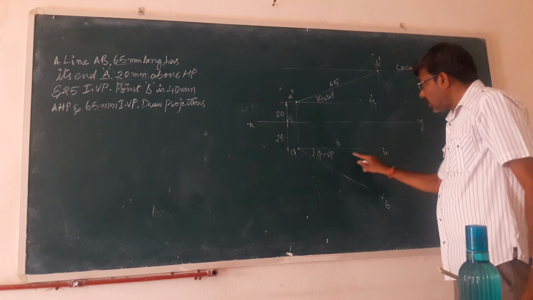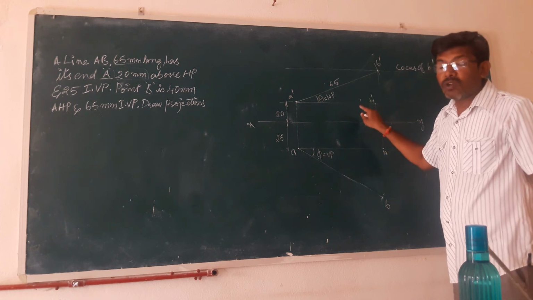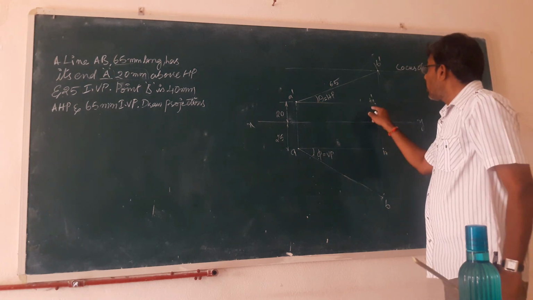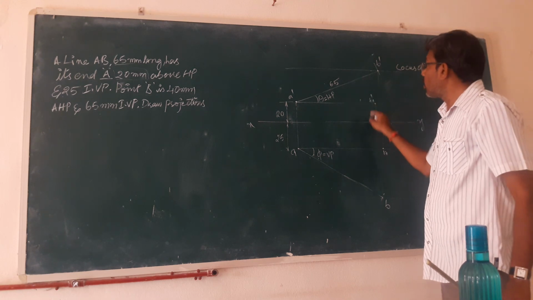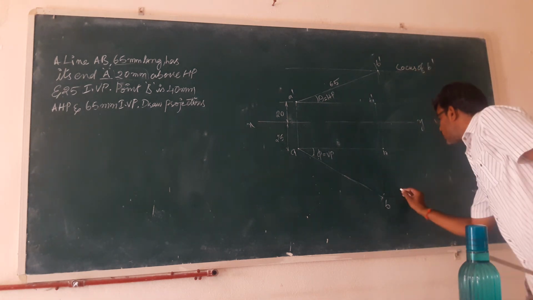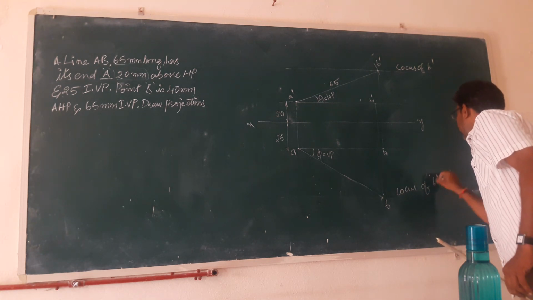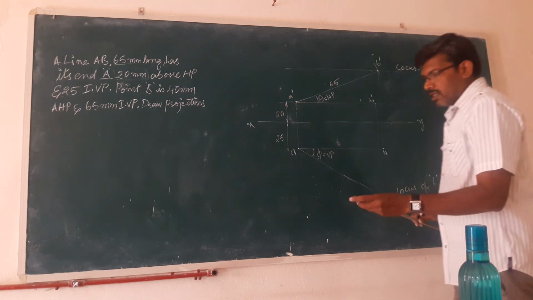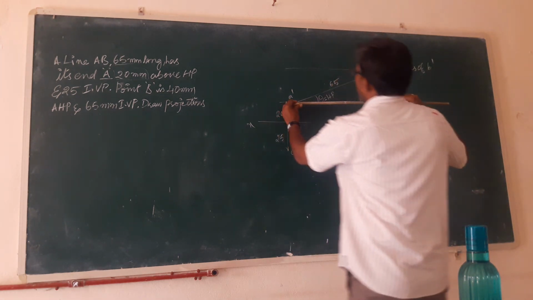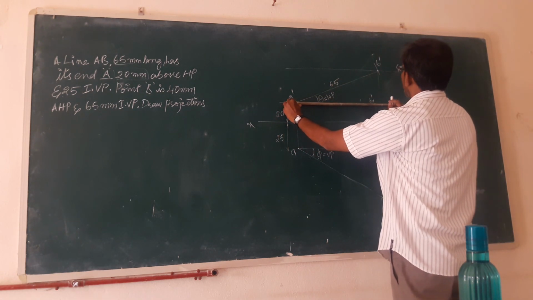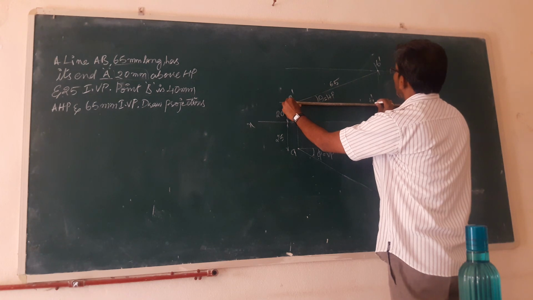After getting this reduced top view and reduced front view, what we have to do is turn over to the locus of B dash, and this one is the locus of B. Simply you take the same length here and I am turning it.